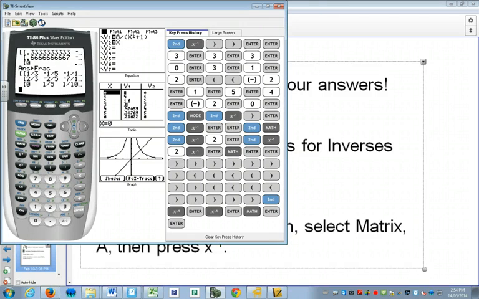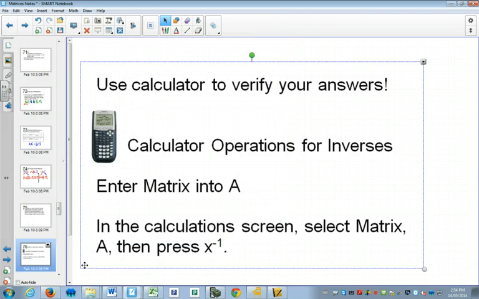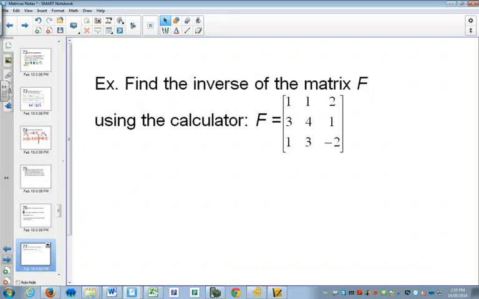So anytime we're doing stuff with 3 by 3s with this, we're going to do it with a calculator. Whenever we're going to be doing 3 by 3s solving without a calculator, we're going to use a different technique. Okay, so type this one in and find the inverse with your calculator.